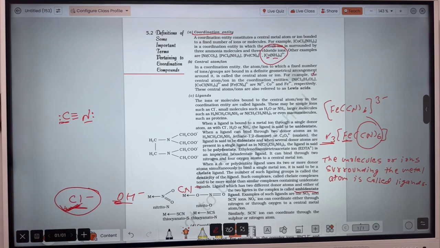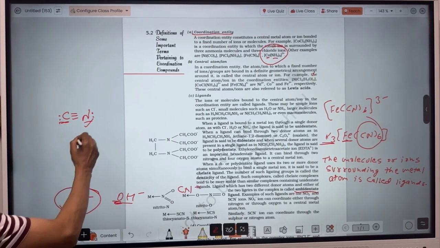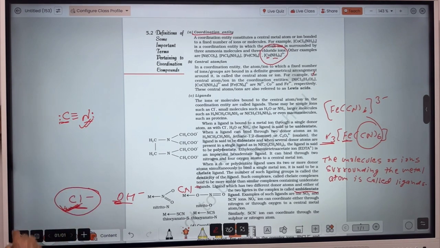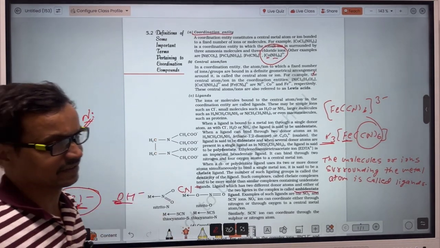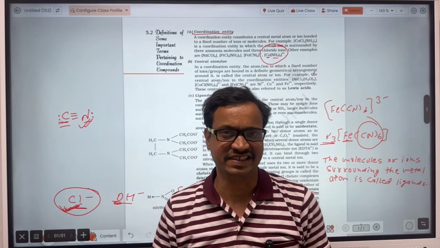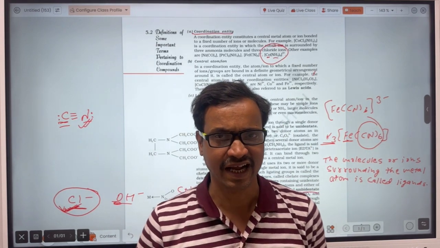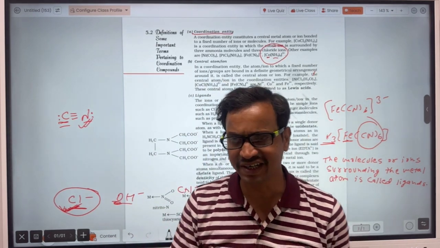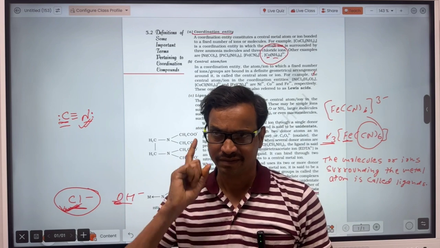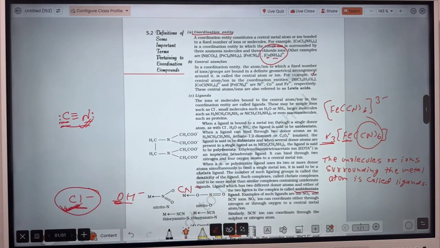But if carbon is bonded to the central atom, then nitrogen will not bond, and if nitrogen is bonded to the central atom, then carbon will not bond. So this is called an ambidentate ligand. An ambidentate ligand is one which contains two donating sites, but at an instant only one atom will donate the electron.